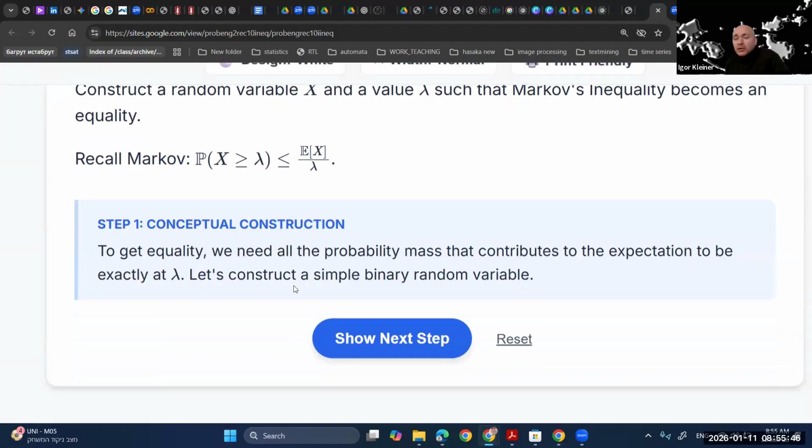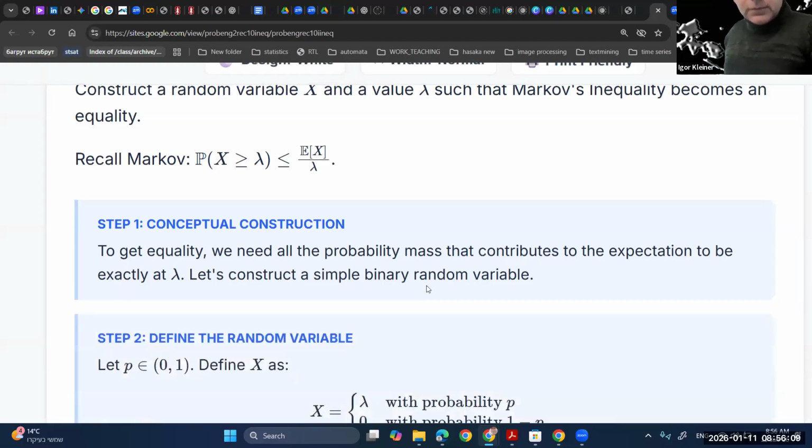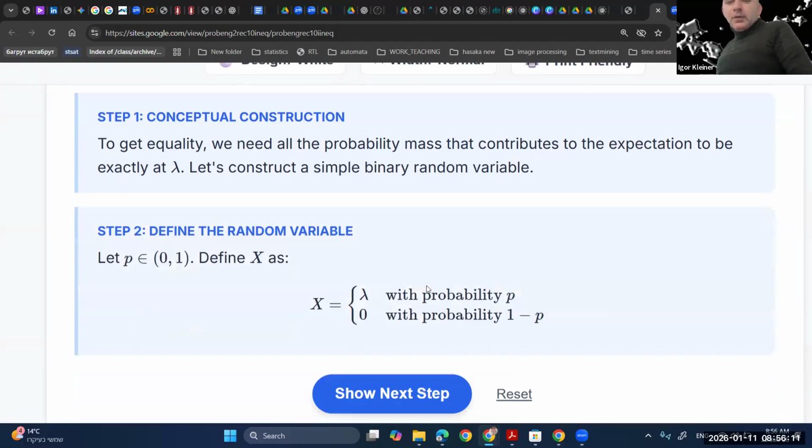So let us construct a simple binary random variable, because it's simple. If we want to build an example of a random variable such that this inequality turns into equality, we want a simple example, and one of the simplest things is a binary random variable.